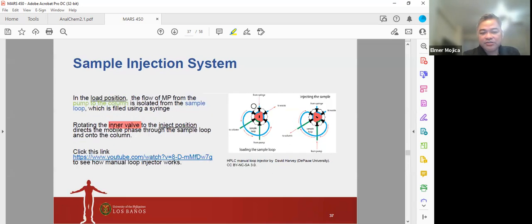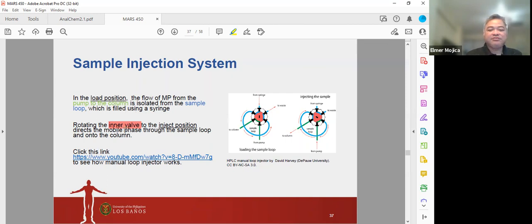So the way that you look at this injection system, if you have it in the load position, the flow of the mobile phase from the pump to the column is isolated from the sample loop, which is filled using the syringe.